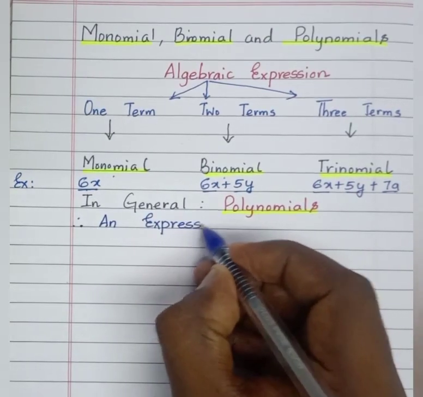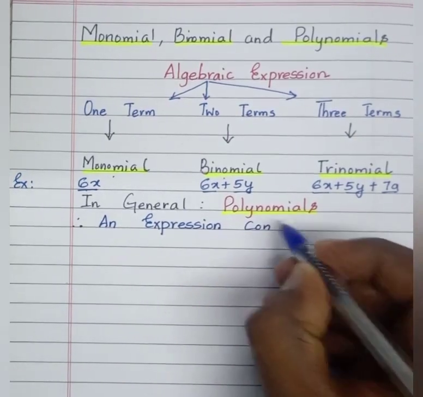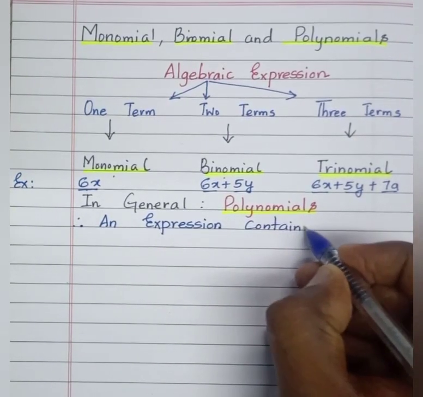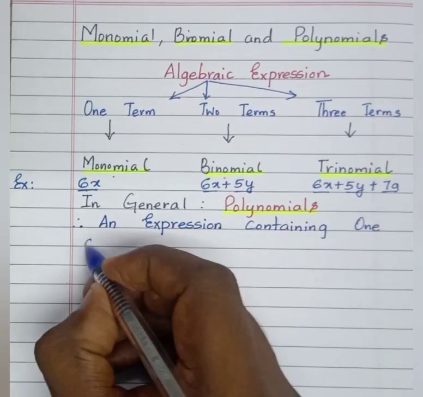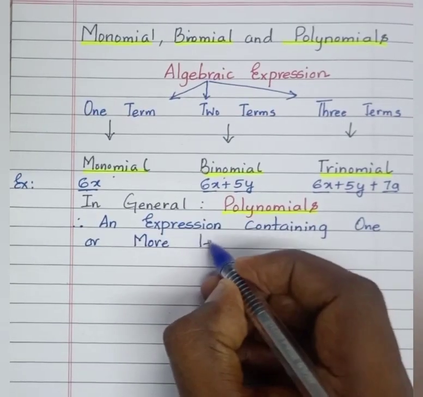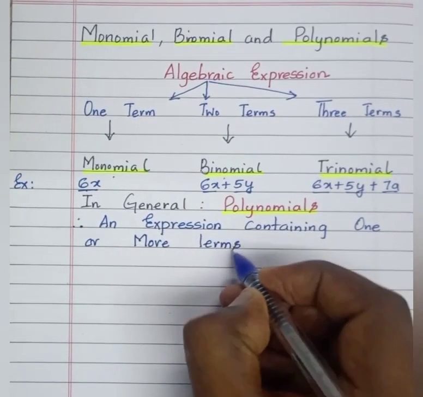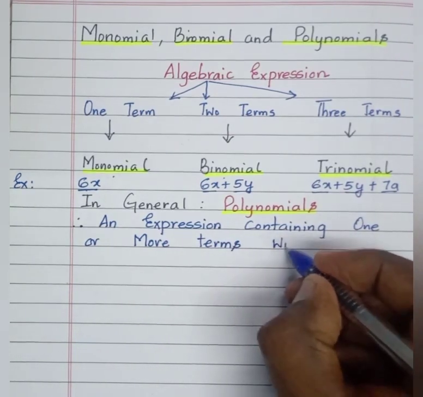What is a polynomial? An expression containing one or more terms with non-zero coefficient is called a polynomial.